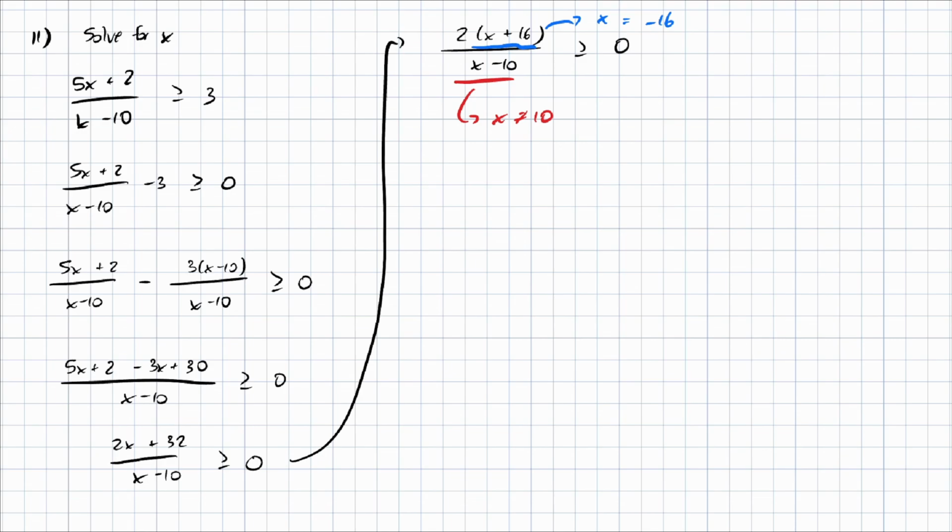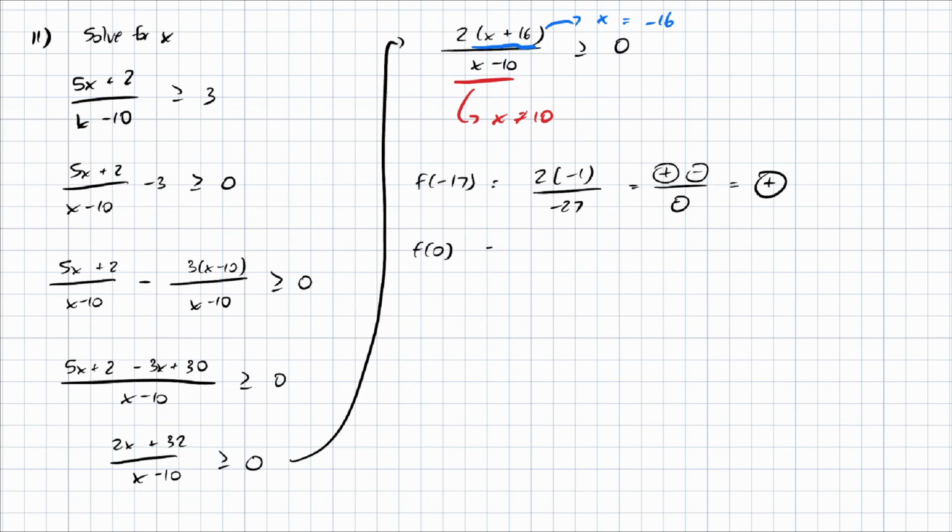If I put a number less than negative 16, let's do f of negative 17, I get 2 times negative 1 over negative 27. This is a positive, negative, negative, which means I get a positive answer. I don't need to know what the answer is. I just know that if I put a number less than negative 16, I'm going to get a positive answer. Now let's do a number in between, like 0.